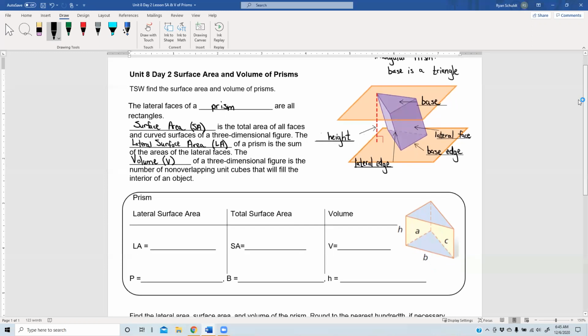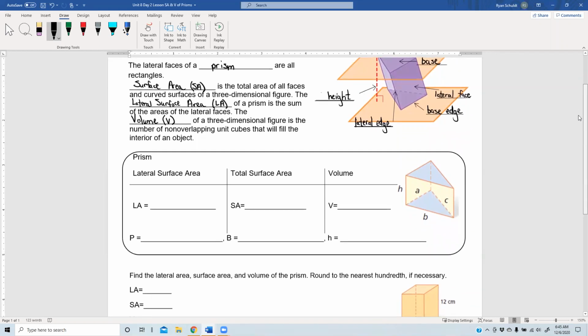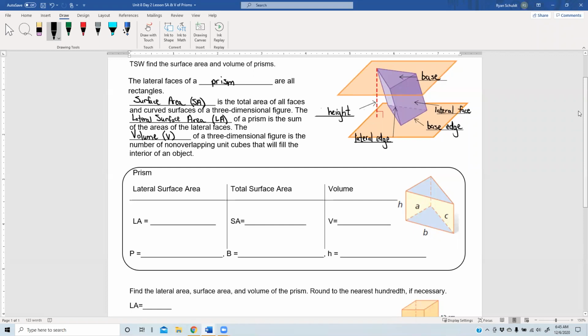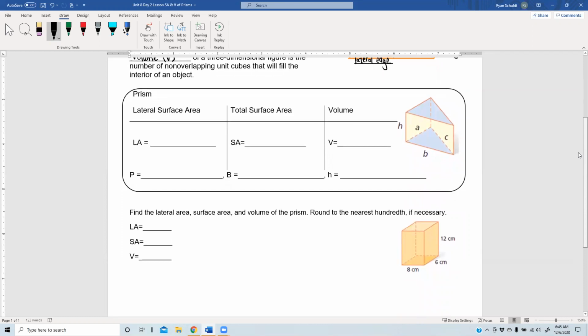Okay, now that we talked about some terminology and gotten that out of the way, let's look at formulas.